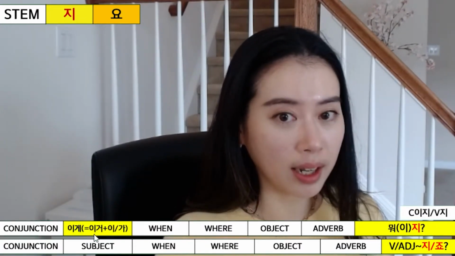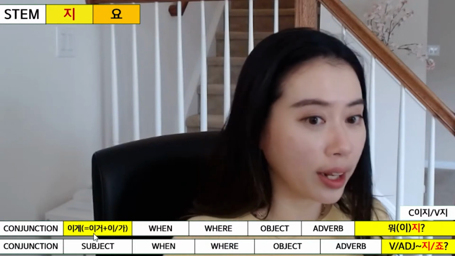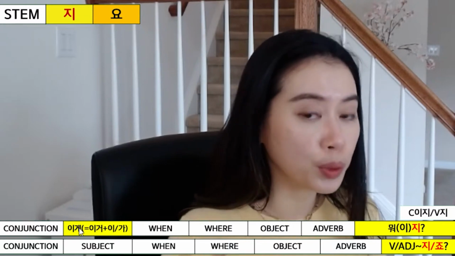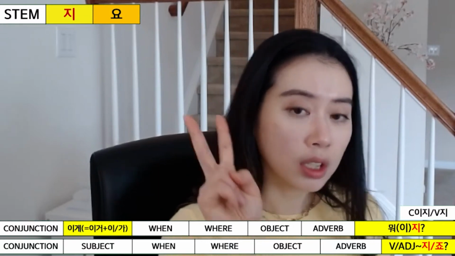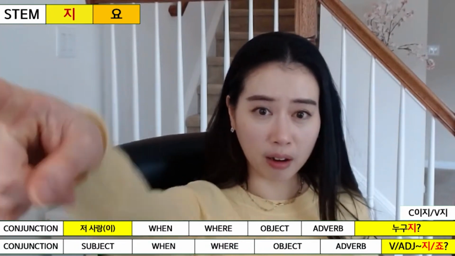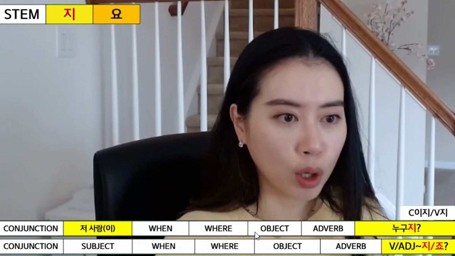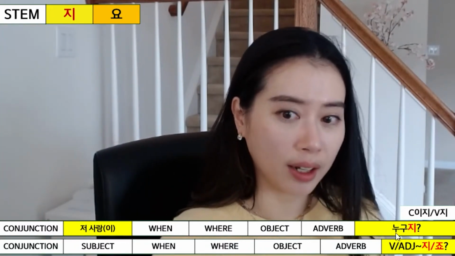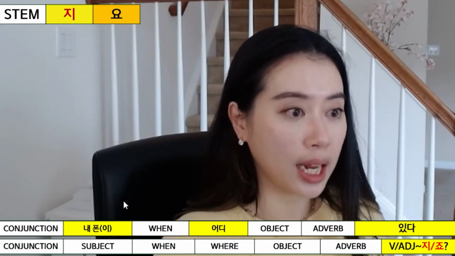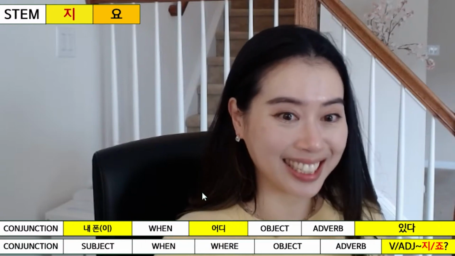And if you want to put subject particle, 이거 plus 이가 becomes 이게. You can use both. 이거 뭐지? 이게 뭐지? Who's that person over there? 저 사람 누구지? Who's that?